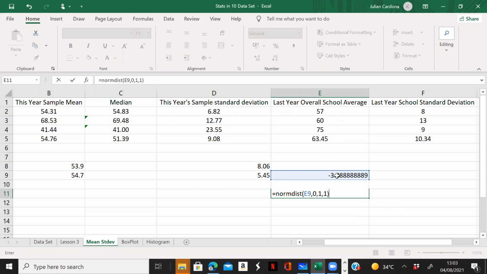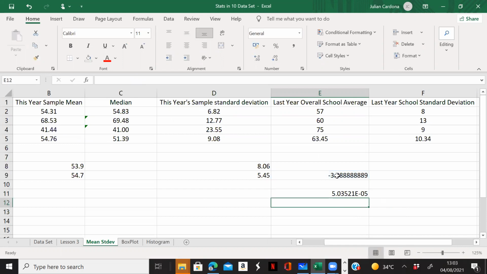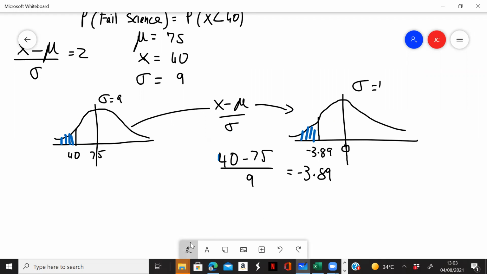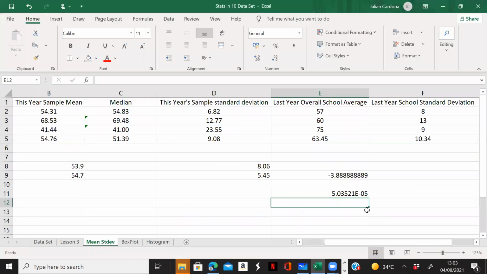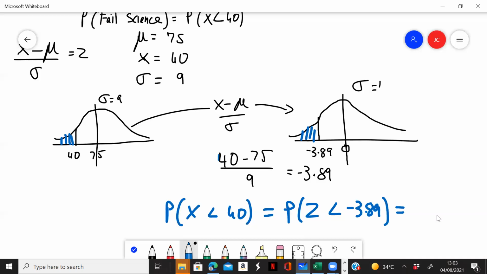Close the bracket, enter. As you can see, it's an extremely small number: 0.00005. So the probability that x is less than 40, which means failing, is equal to the probability that z is less than minus 3.89, which is equal to 0.00005.